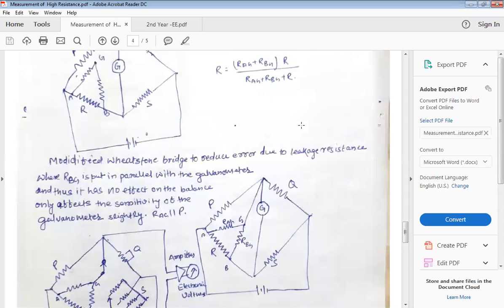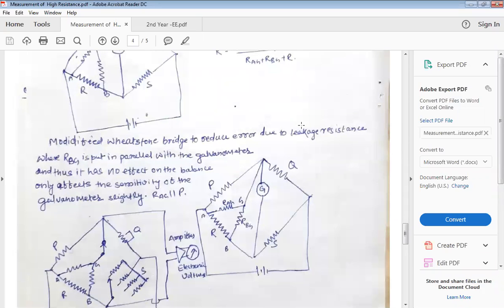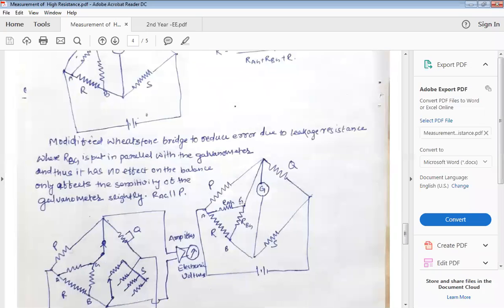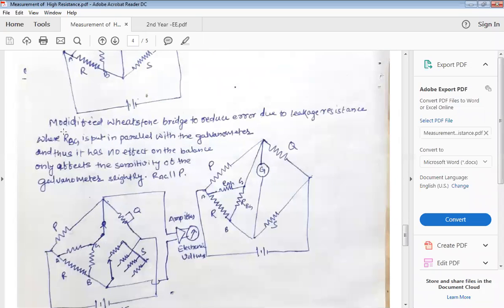If you want to reduce the effect of leakage resistance, the third terminal of the resistance, that means the G terminal, is connected to the galvanometer terminal. This is the modification of the Wheatstone bridge for measurement of high resistance. That means the one terminal across the insulating material is connected to the galvanometer.